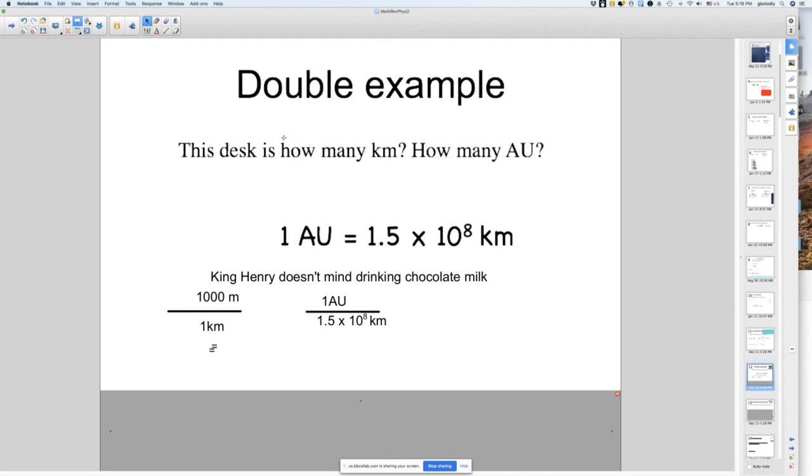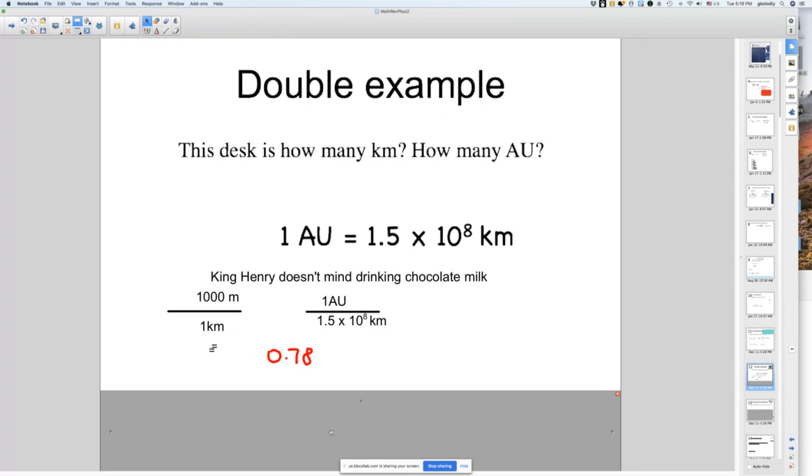Let me make up a number. For some reason, I don't have a number here. So I need to have my desk. First of all, I have to measure it in meters. Let's say it is 0.78 meters.